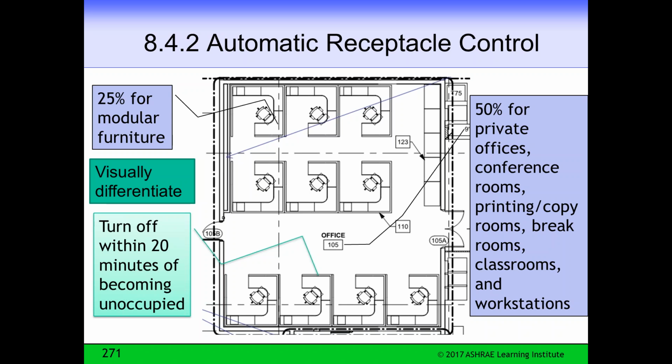You have to visually differentiate the plugs that are going to be turned off, and it's for private offices, conference rooms, printing and copy rooms, break rooms, classrooms, and workstations, with 25% if they're modular. Anyway, everybody does not like this requirement.